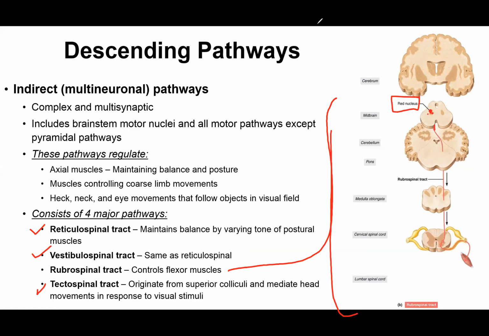It's going to send its neuron down through the pons, through the medulla, until it reaches the cervical spine, at which point it's going to synapse on its interneuron. And then the interneuron is going to synapse on another neuron that's going to exit the spinal cord and go on and synapse on whatever muscle we're trying to control. So in this case, it'd be any of our flexor muscles.